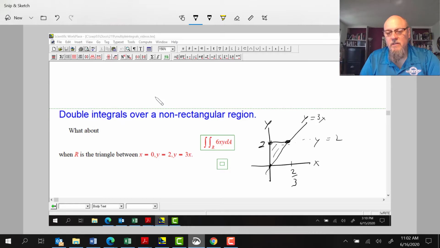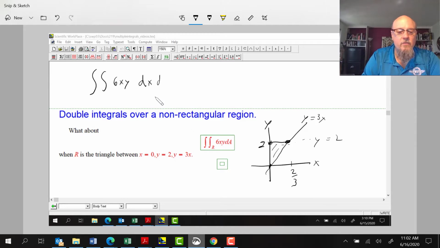That's exactly as easy to integrate with x first and then y as y with x. The shape is symmetric, so I've got some choices here. It doesn't make any difference the actual function we're integrating. So I can do dx first and then dy, or I can do dy first and then dx.